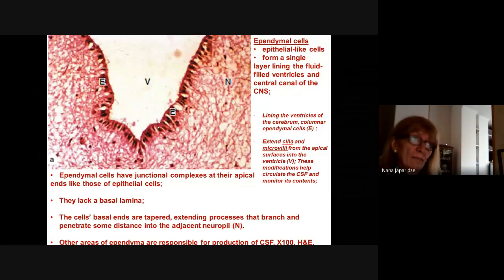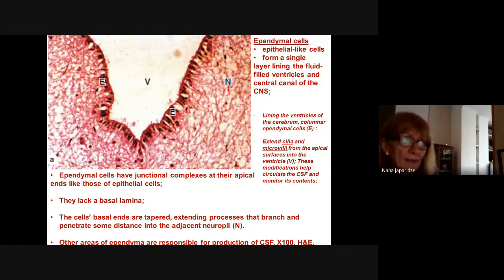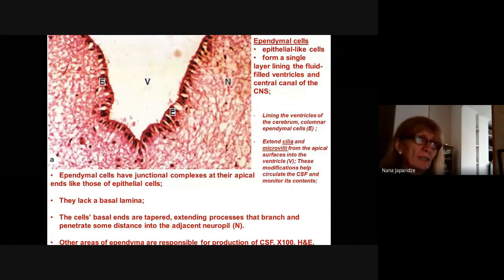So via these microvilli, they are able to assist the formation and maintain the content of cerebrospinal fluid. But via the cilia, they are able to move to provide circulation of this cerebrospinal fluid.